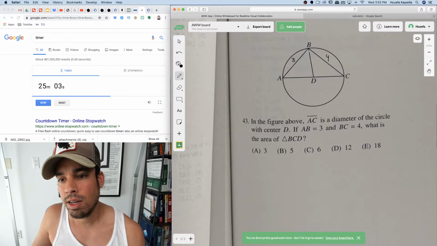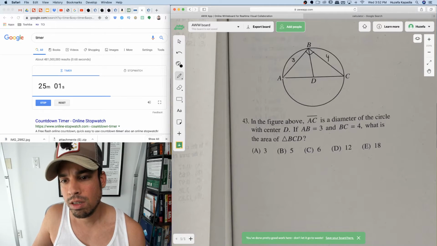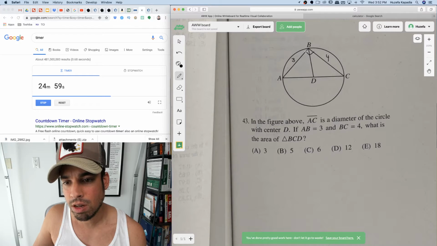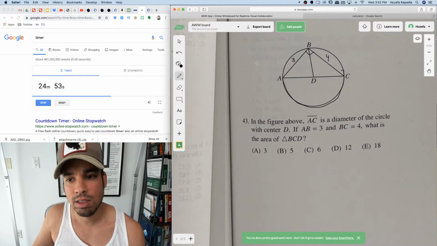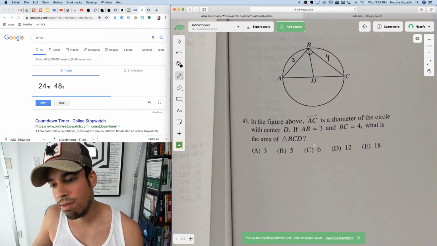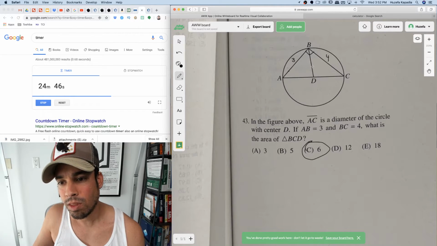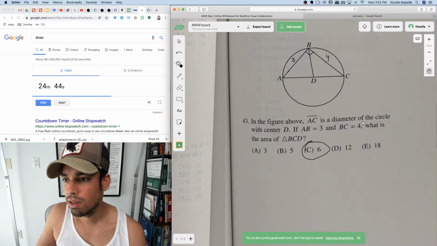Oh, this is a 90-degree angle, because the rule is if this is coming from here and it intercepts a diameter, this would be 180, it's cutting out, and then this angle is half of that, so it's 90. So that means it's literally just 3 times 4 and half of that, which is 6. Base times height and then half. That's it.